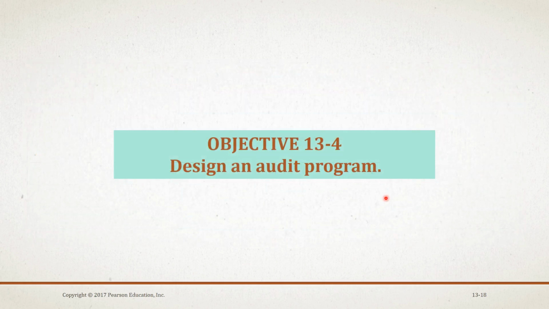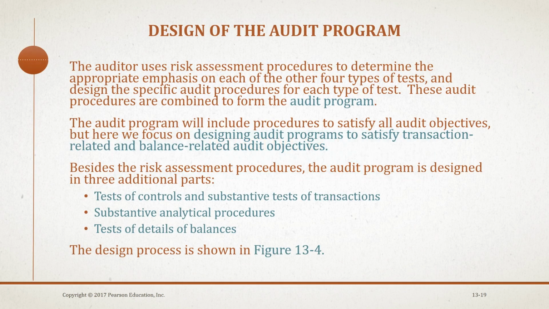The fourth objective, design an audit program. If ever you've been to a particular theater, you know that the way they do their shows is in different acts and different stages, and they have a program. And this program tells you all the things that are going to be happening. Well, we do the same thing in auditing.